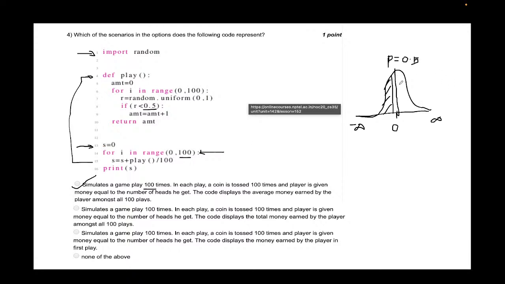If anything lies left of it, that will be considered a 50-50 chance, and that is denoted by this heads. Since this is done 100 times, the probability of heads will be converted to a number of heads.